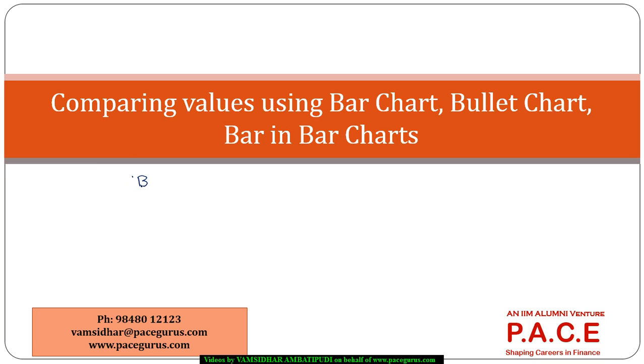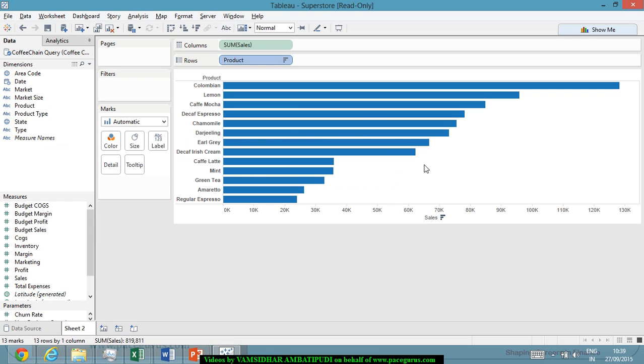See how easy it is for us to create a bullet chart. For the bullet chart, I can take the target. We have to create the targets for all the products.